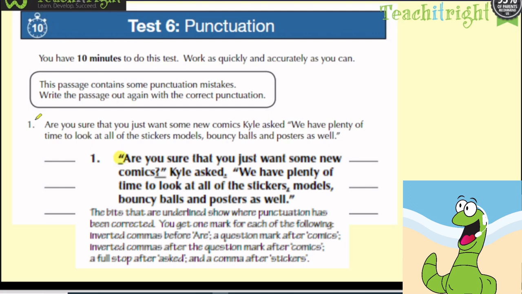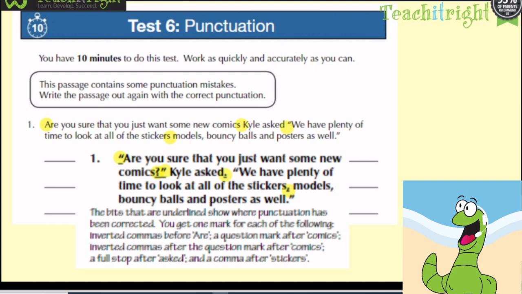Are you sure that you just want some new comics? Missing a question mark and the closure of the inverted commas. Are you sure that you just want some new comics? Kyle asked. Full stop. We have plenty of time to look at all of the stickers, comma, models, bouncy balls, and posters as well.